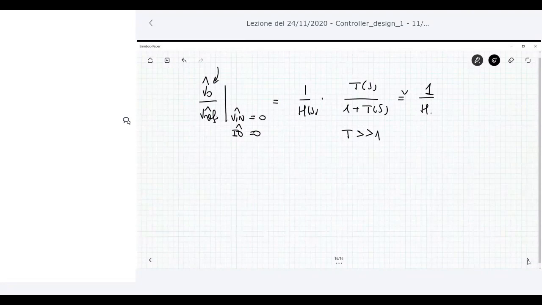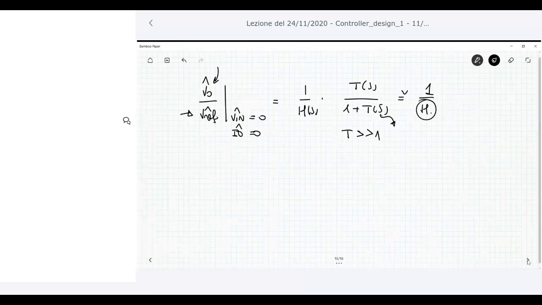So my output voltage variation only depends on the transfer function of the sensor. In the case we put h equal to 1, this control function is 1. So I can use the variation of the voltage Vref to directly control the variation of the output voltage, because this is the quantity that I can use to control the output.